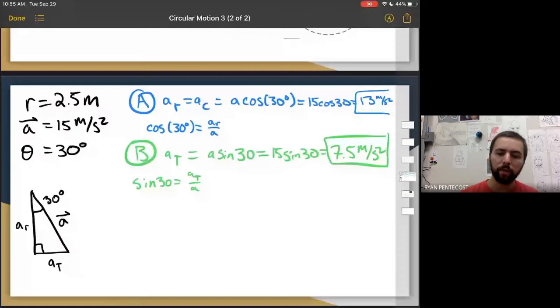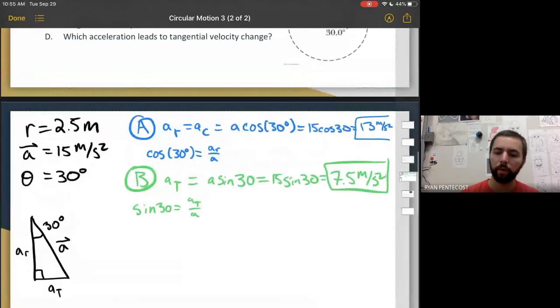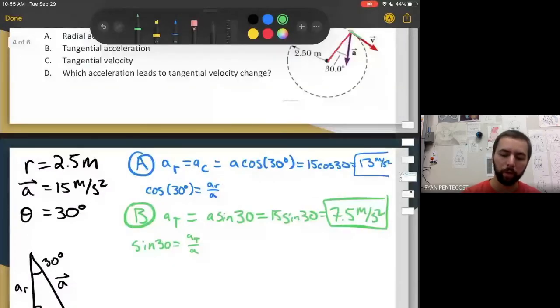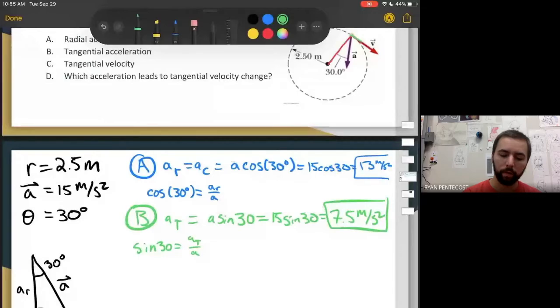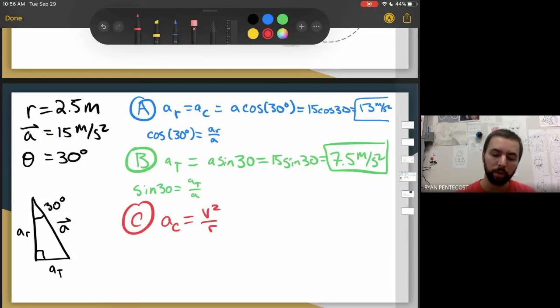Now let's find the tangential velocity. We do have an equation that uses that velocity: centripetal acceleration is v squared divided by the radius. But notice that we have to use centripetal acceleration. That's the equation that we've been using.